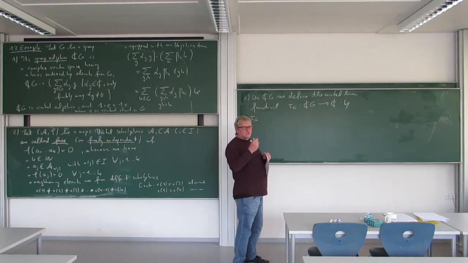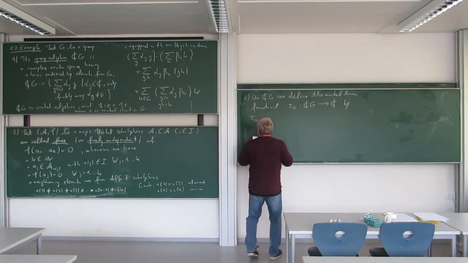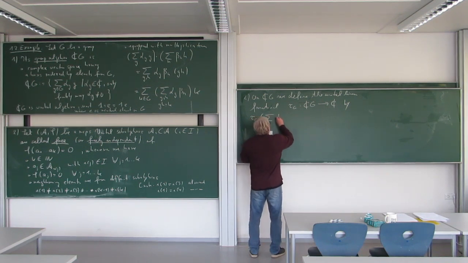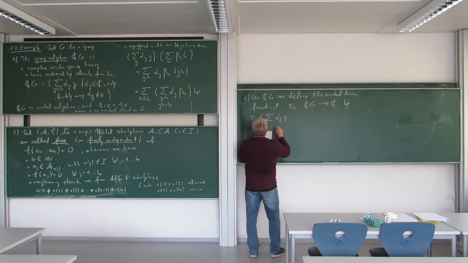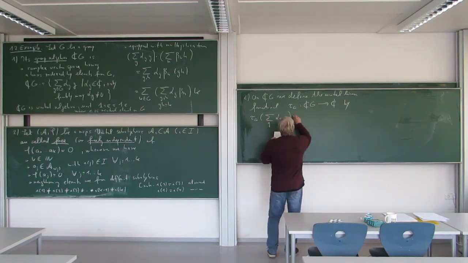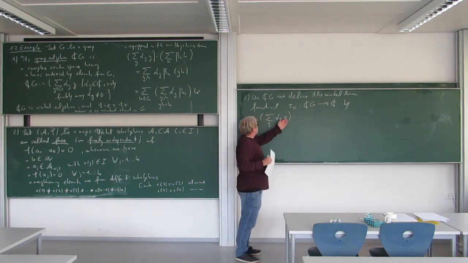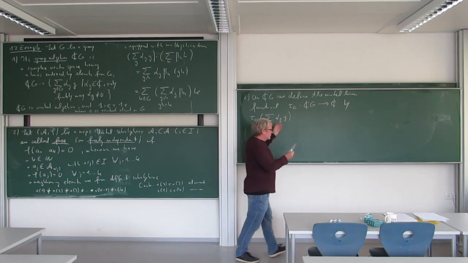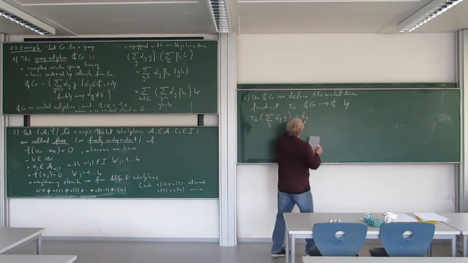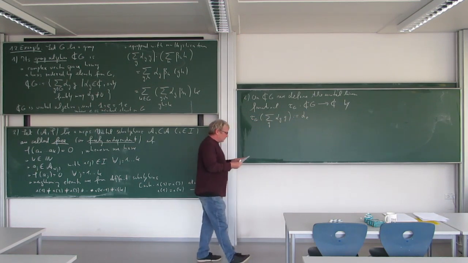So it should be 1 on the neutral element, 0 anywhere else, and of course this means if I apply it to a general element in my group algebra, it just picks out the coefficient of the neutral element. So this is alpha e, where e is the neutral element as before.